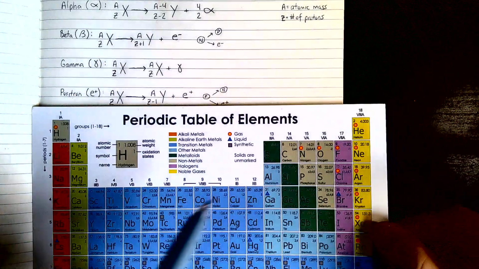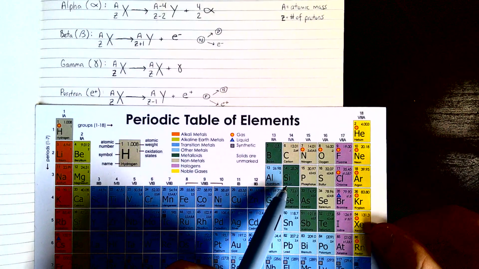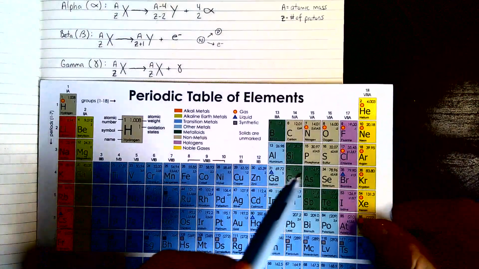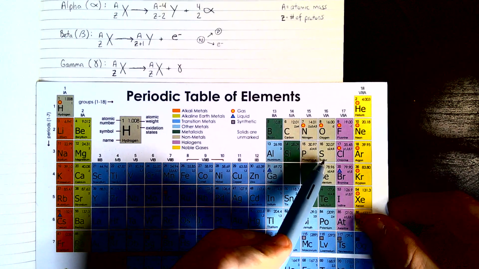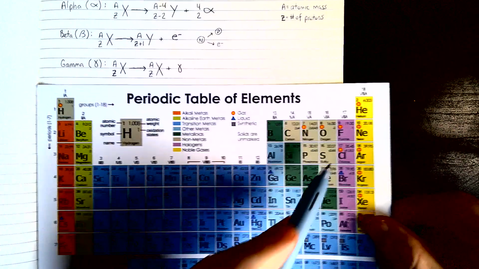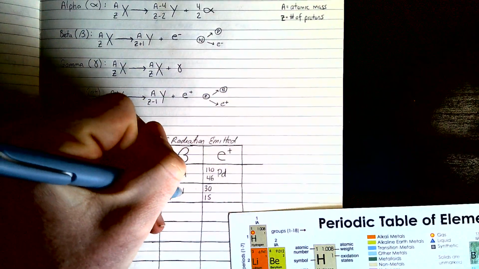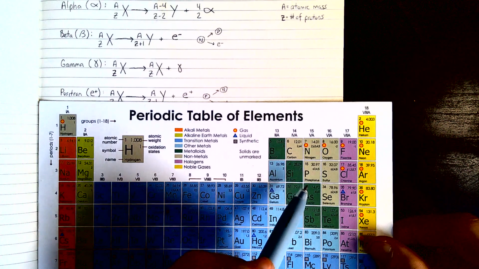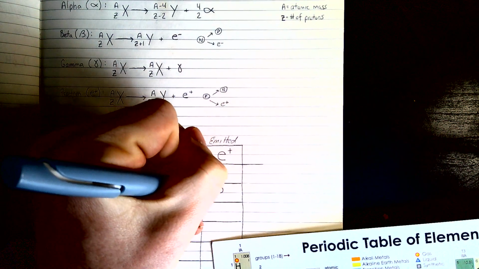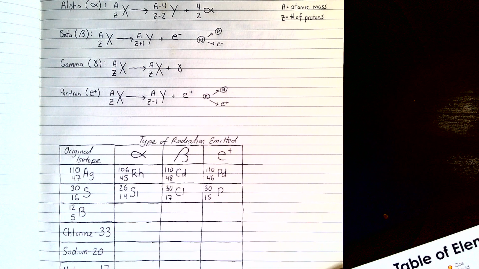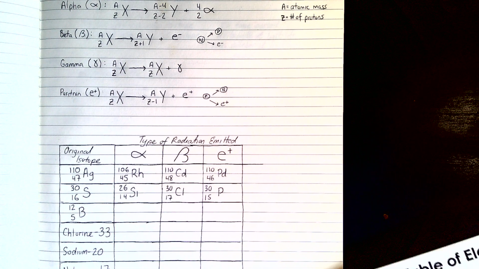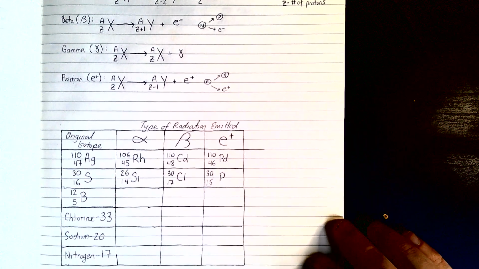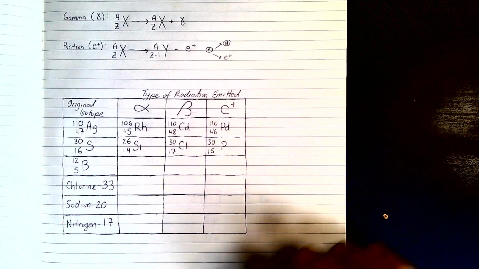Which means that sulfur released an alpha particle to become silicon, released a beta particle to become chlorine, and a positron to become phosphorus. You can try boron on your own, but let's take a look at this.